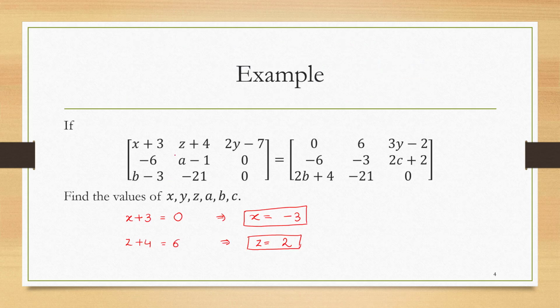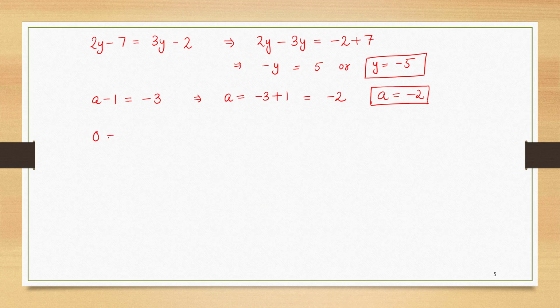Next, 0 is equal to 2c plus 2. So 0 is equal to 2c plus 2 or we get 2c is equal to minus 2 which says c is equal to minus 1.